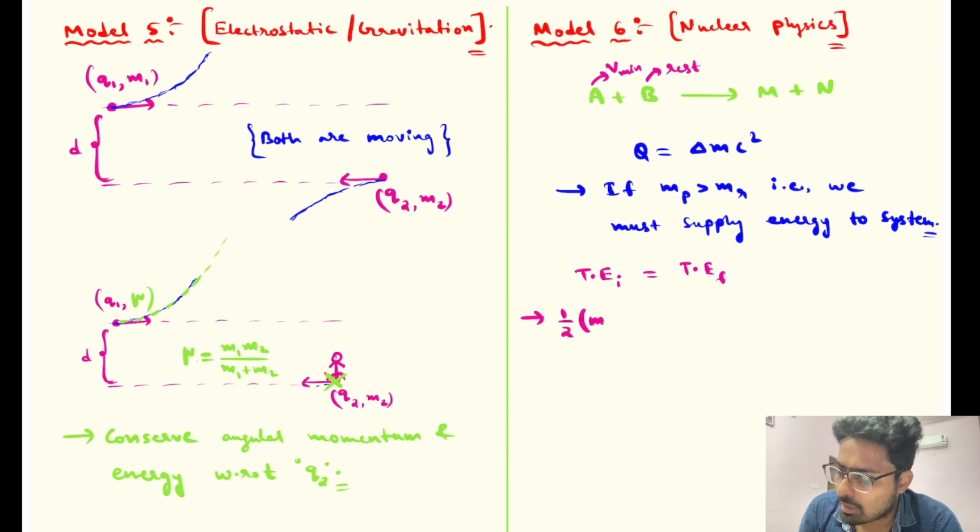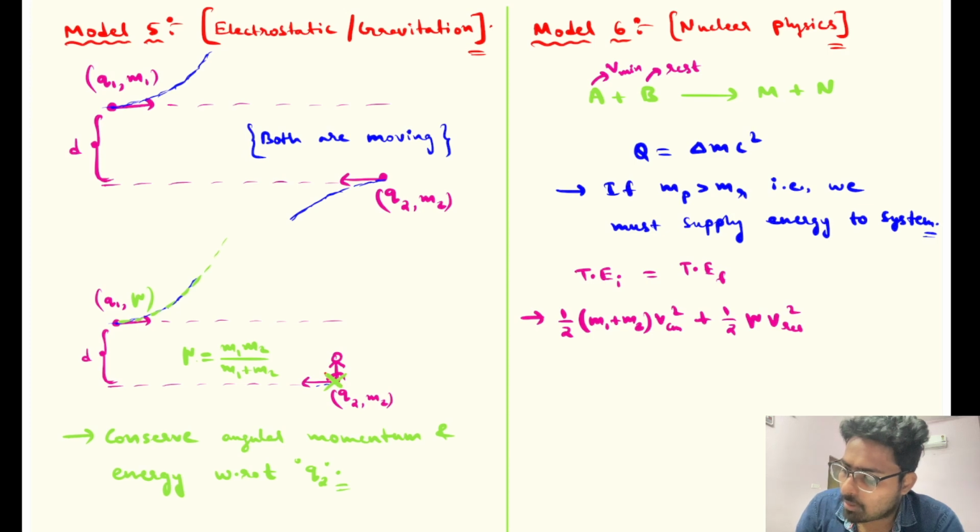Half into (m1 plus m2) into vcm square plus half into mu, the reduced mass, into v relative square, which is equal to some Q also.